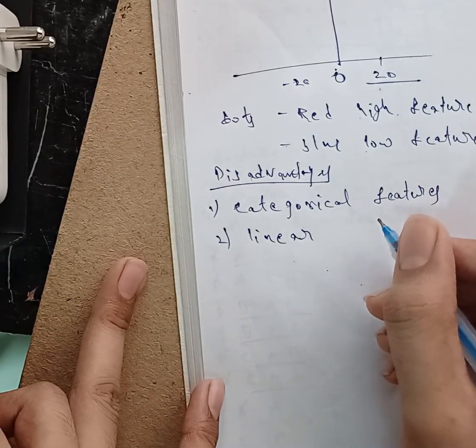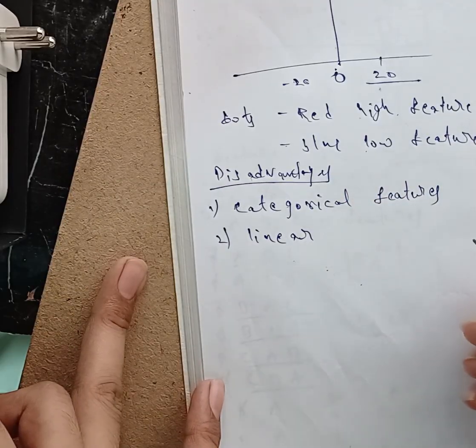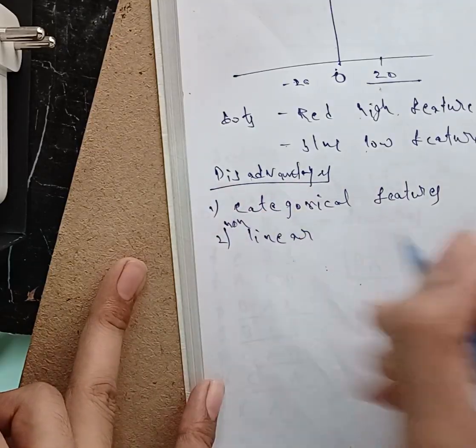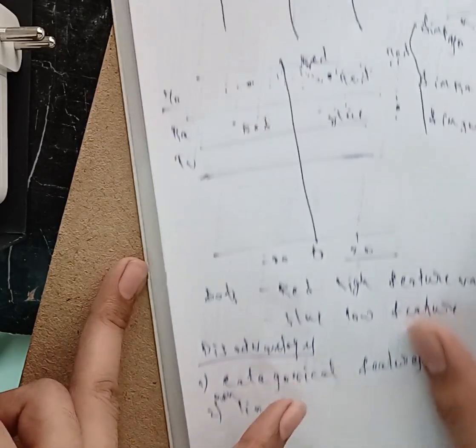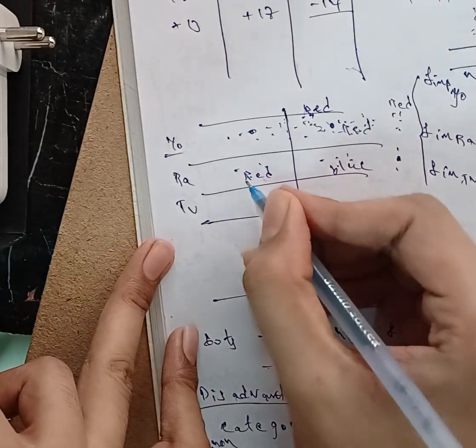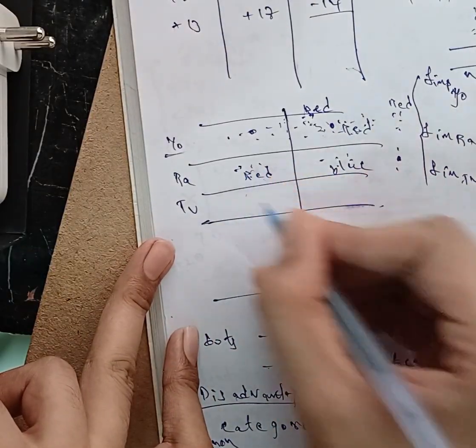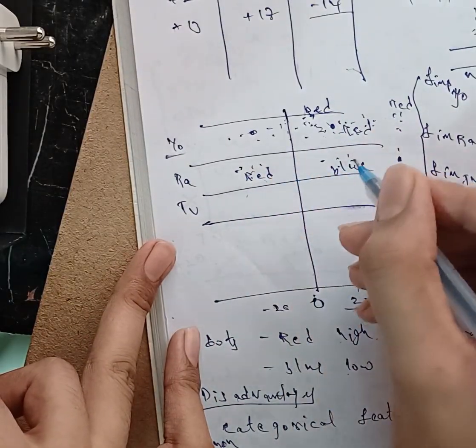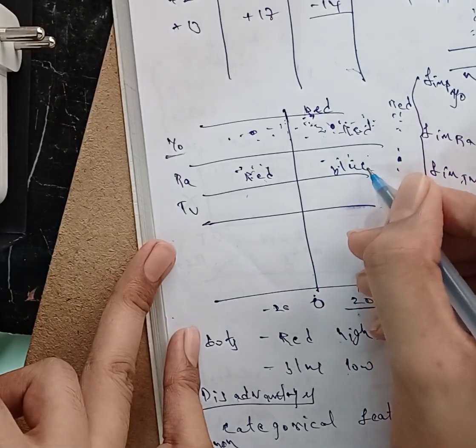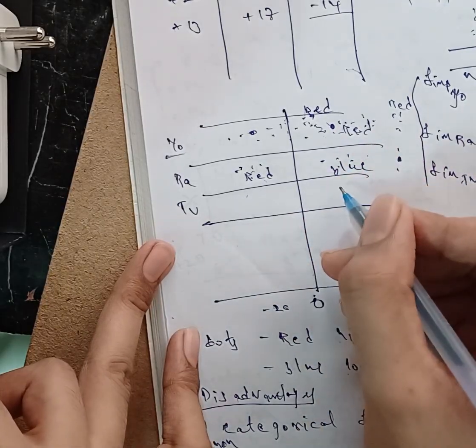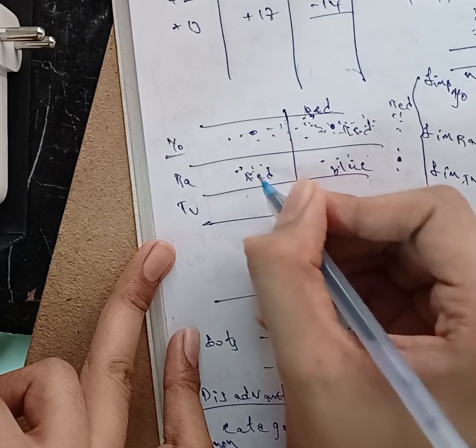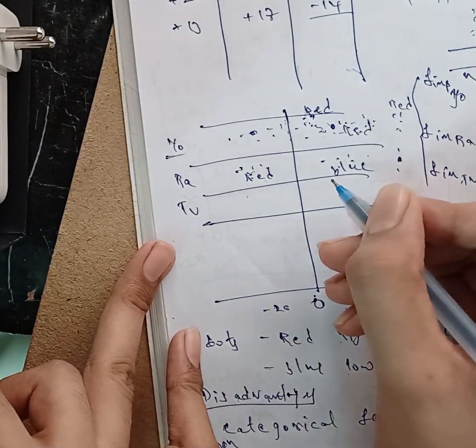If we have linear correlation, we can easily interpret. But if we have non-linear correlation, it's difficult to interpret. So let's say if we have some red points and blue points here, and it's kind of mixed up, we have red points and blue points here, and red points and blue points here.